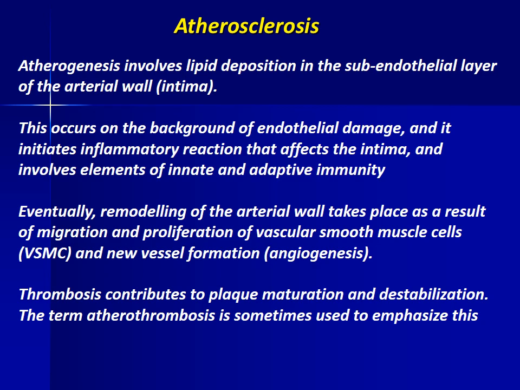Eventually, remodeling of the arterial wall takes place as a result of migration and proliferation of vascular smooth muscle cells, or VSMC, and new vessel formation, or angiogenesis. Thrombosis contributes to plaque maturation and destabilization. The term atherothrombosis is sometimes used to emphasize this.